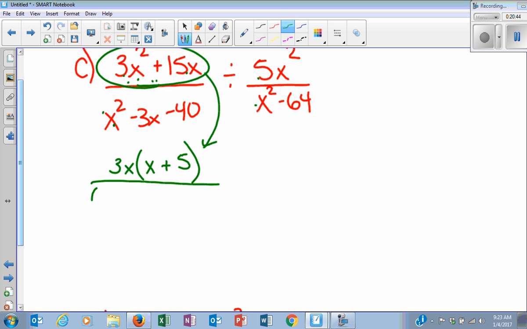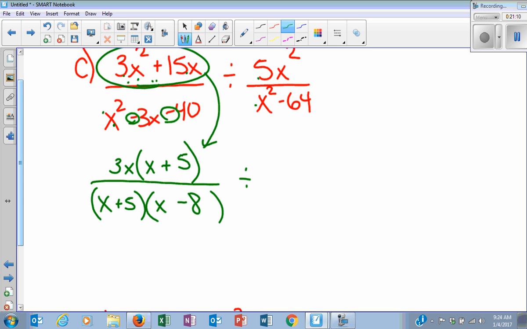I can double bubble right away: x, two numbers that multiply to 40, different signs, so they're going to subtract to a 3. Those numbers would be 5 and 8. And the bigger number is negative, so it would be x plus 5, x minus 8.